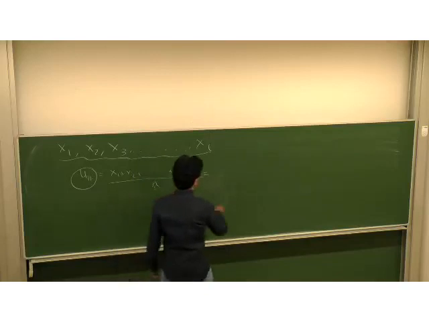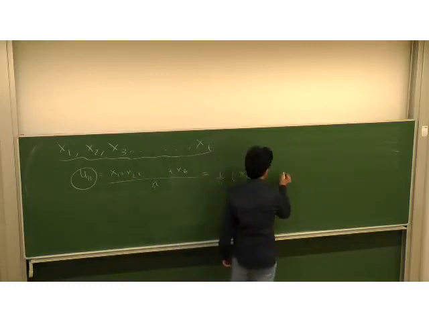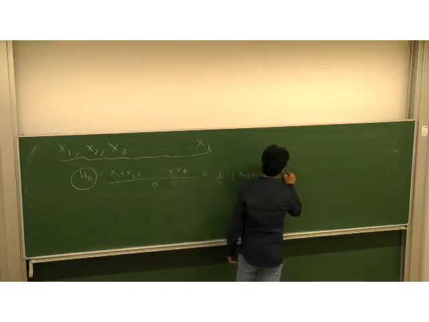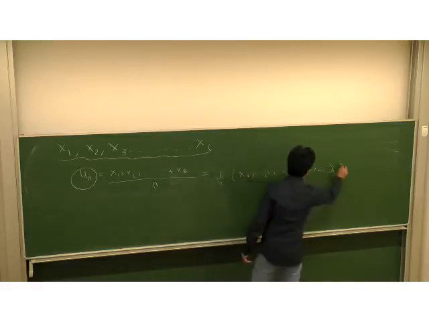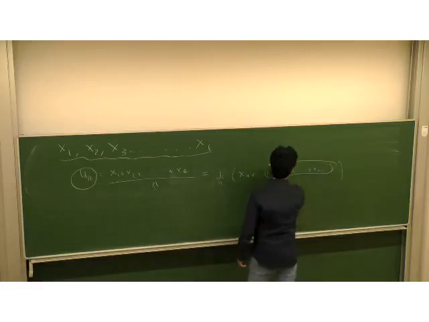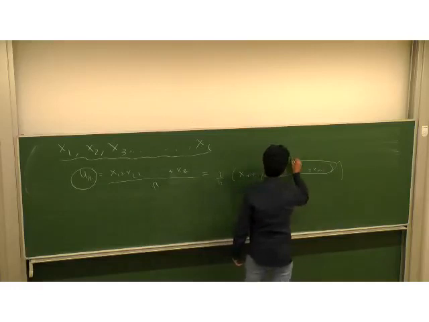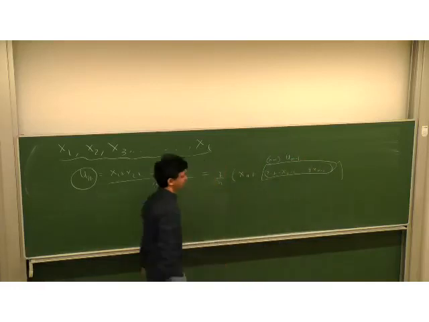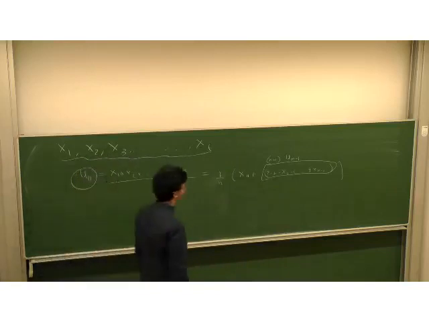So you can write this as 1 over n of xn plus the rest of them, so x1 plus x2 plus up to xn minus 1. But this bit, I can write as n minus 1 times un minus 1, because un minus 1 is the average there.